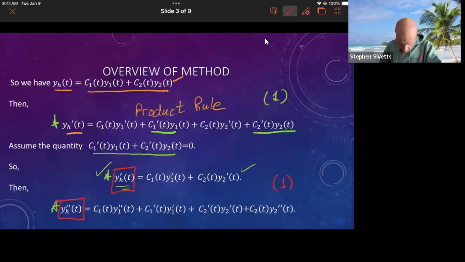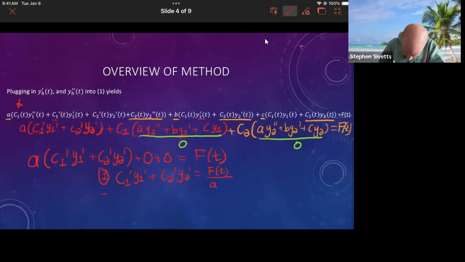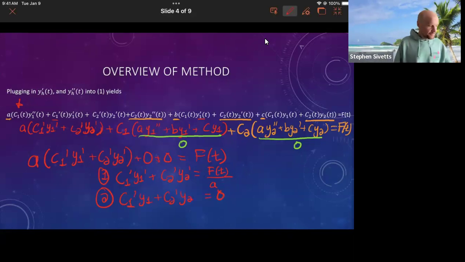And also, we know this, the other type of equation: C1 prime Y1 plus C2 prime Y2 is equal to 0. So these will be the system of equations that we will use in order to solve for the C1 function and the C2 function.